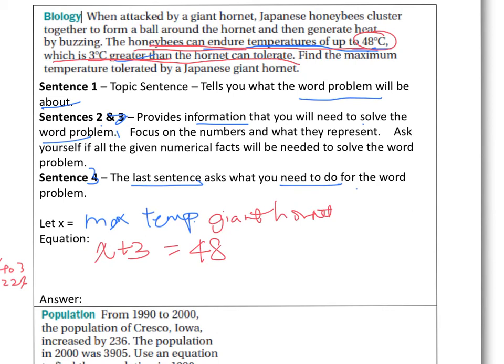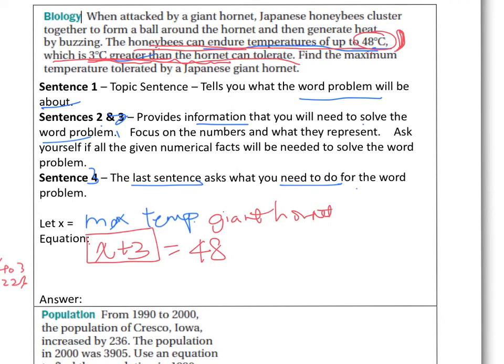So again, x plus 3 means honeybees can tolerate temperatures 3 degrees Celsius greater than the hornet. And again, the word problem also tells us that honeybees can endure temperatures of up to 48 degrees. So the second sentence basically gives you a lot of information.